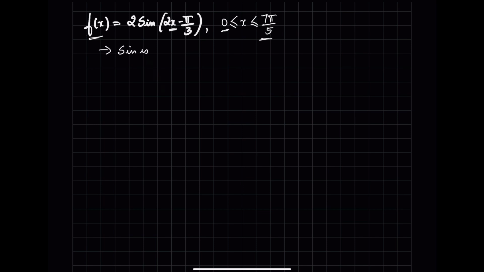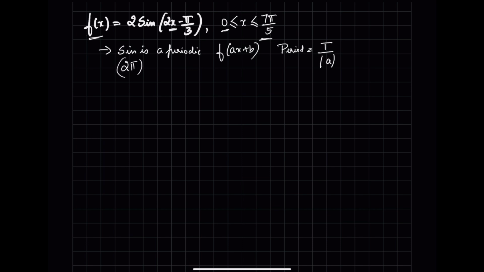Sine is a periodic function. If it follows the pattern f(ax + b), then the period of this function will be T divided by |a|. We know that the period of a sine function is 2π.